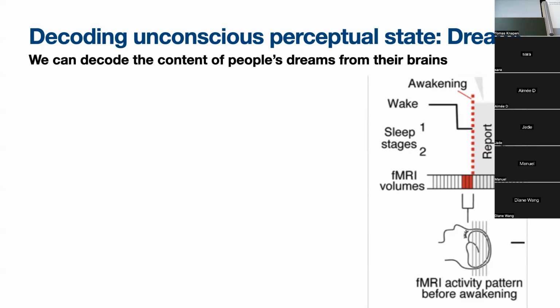So this is a Science paper from, I forget when, but not that long ago, like 2013 or something. Well, that's not long ago in my book. So what they did is a horrific experiment where they placed subjects in the scanner, and they would be awake for a while.